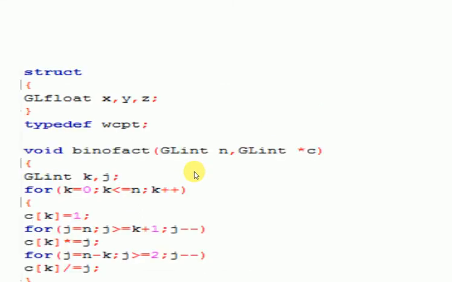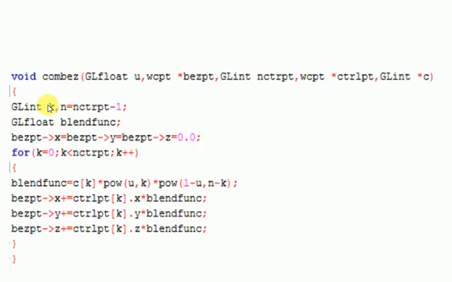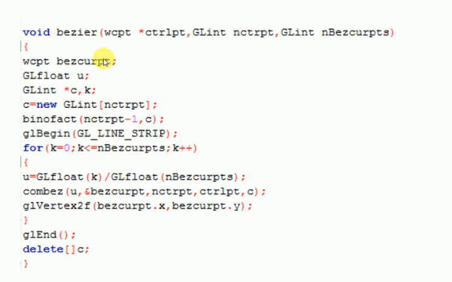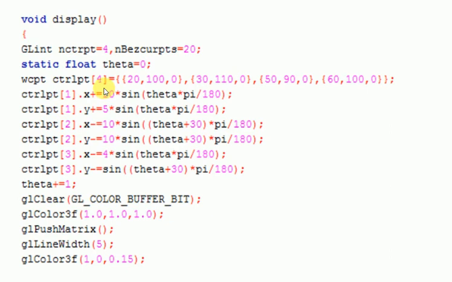So now let us look at the program and see how we are getting the output. This is the binomial part, this is calculating the formula part, and this is the part displaying the Bezier curve. Every time we are changing the angle by theta, that is this part.